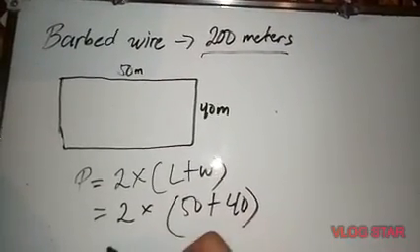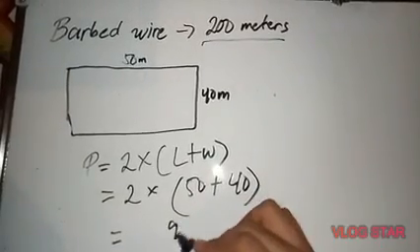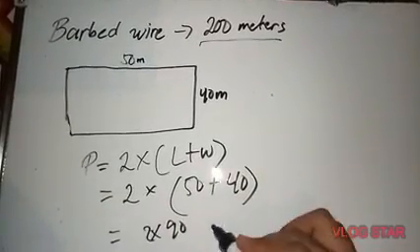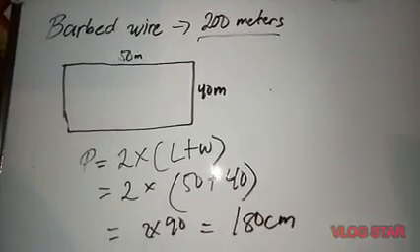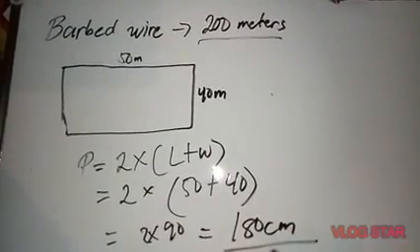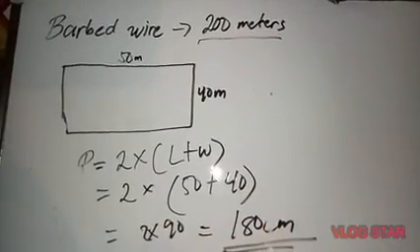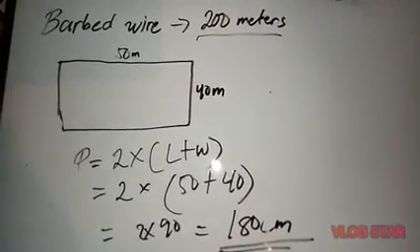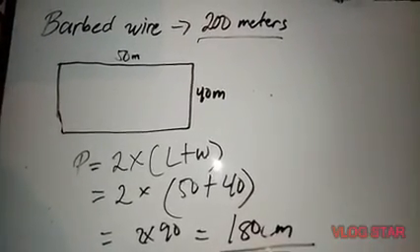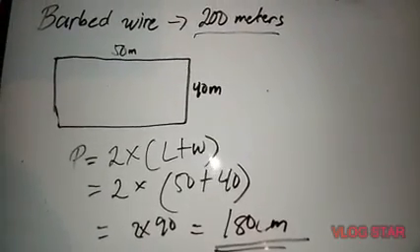So 90 times 2, the answer is 180 meters. So you will consume 180 meters of barbed wire in fencing a 50 meter by 40 meter rectangular lot.